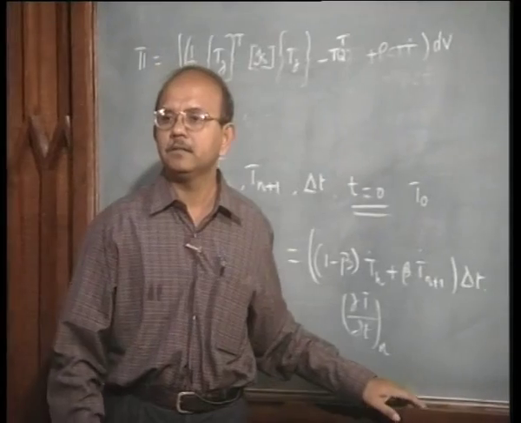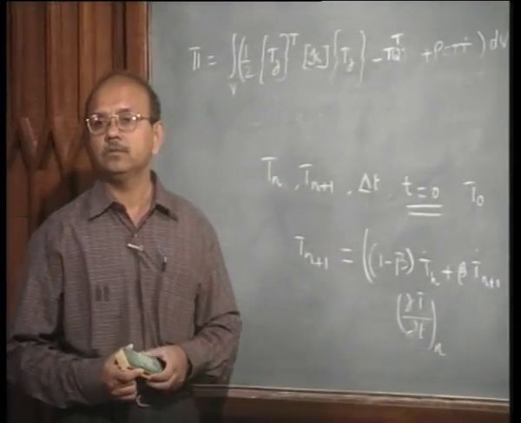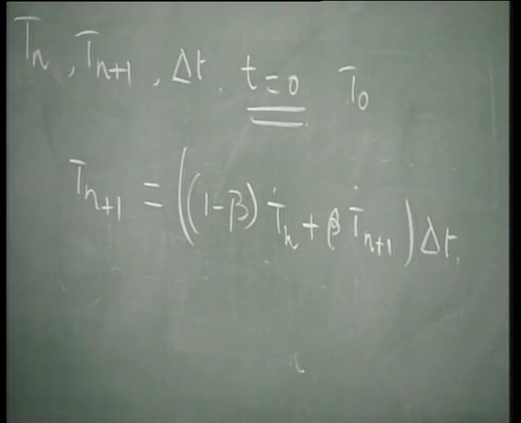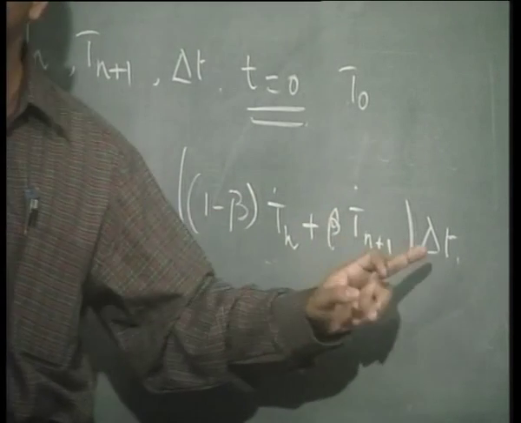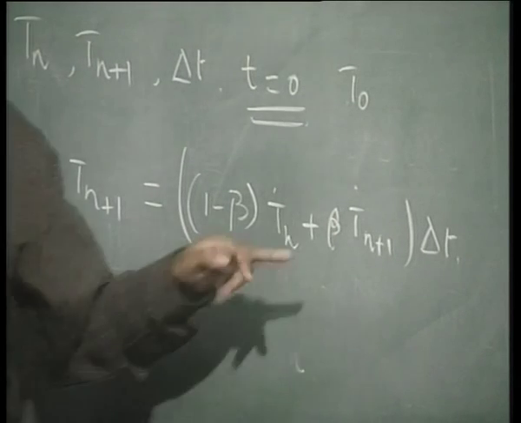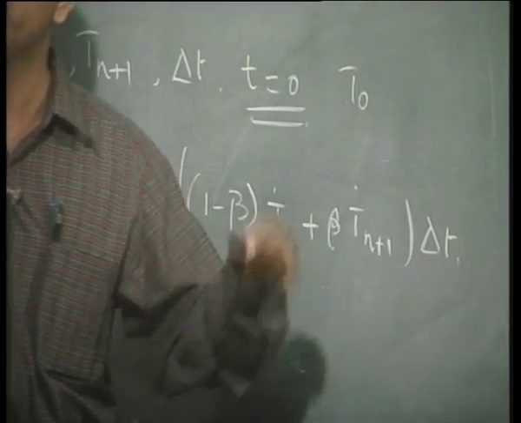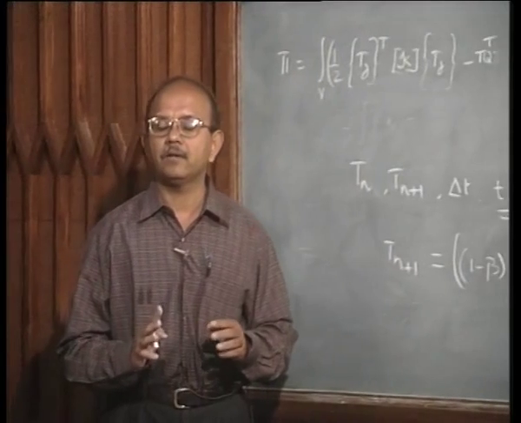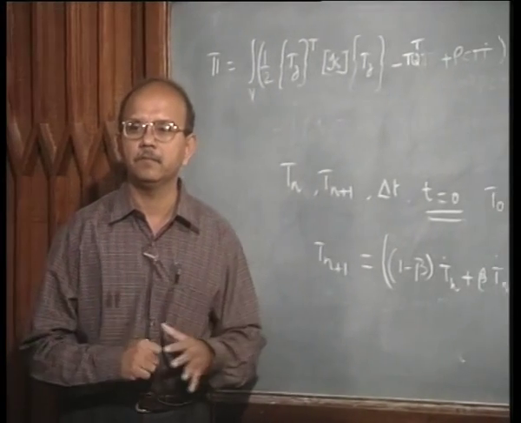What happens when beta is equal to 1? Then look at this, T n plus 1 is equal to T dot n plus 1 into delta t. So in other words, we calculate the temperature at n plus 1 using the knowledge of the slope in the current step, which means that we have what is called an implicit scheme.